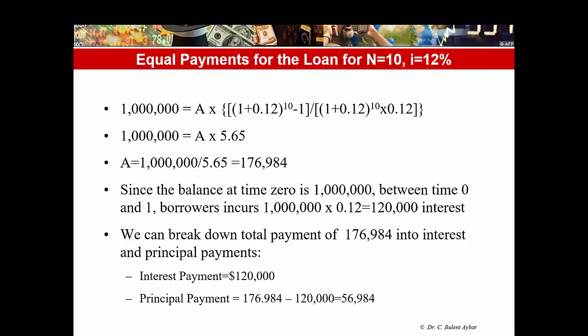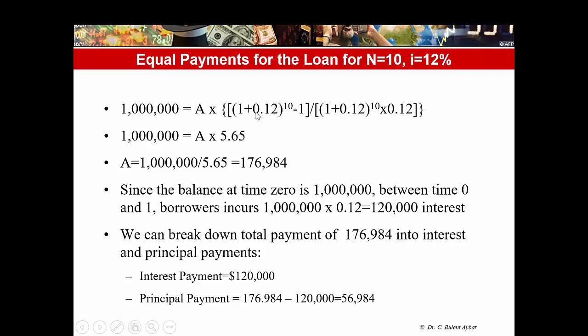So if we use the present value of an annuity formula, where we have in the numerator (1 plus interest rate) to the power n minus 1, divided by (1 plus interest rate) to the power n times the interest rate, and plug in the appropriate values, we get (1 plus 0.12) to the power 10 minus 1, divided by (1 plus 0.12) to the power 10 times 0.12.